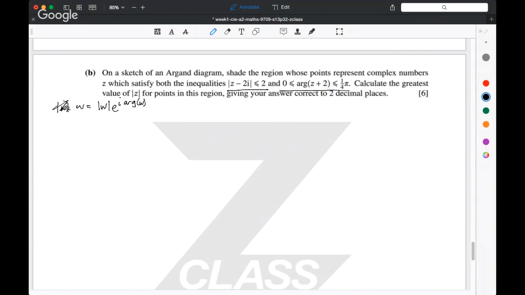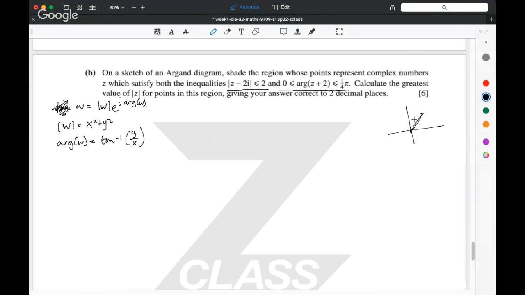And the modulus is the square root of x squared plus y squared if w is equal to x plus iy, and the argument is inverse tan of y on x. And if that seems unintuitive to you, it's all to do with the Argand plane and the way that we represent things on a circle.